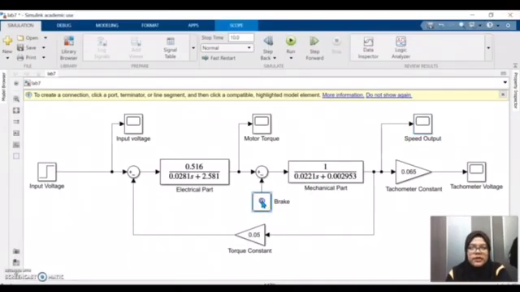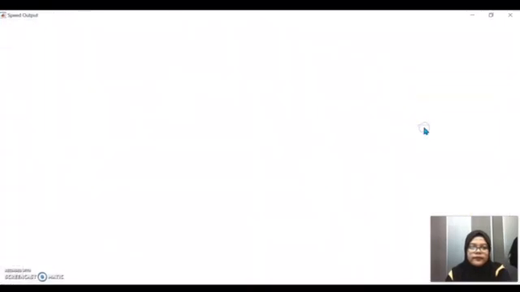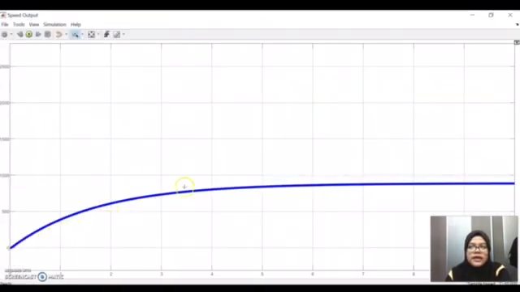Then when we change the brake scale to 21, the speed decreases from before when the brake scale was 0, and we get a new speed output of 884.6 RPM.